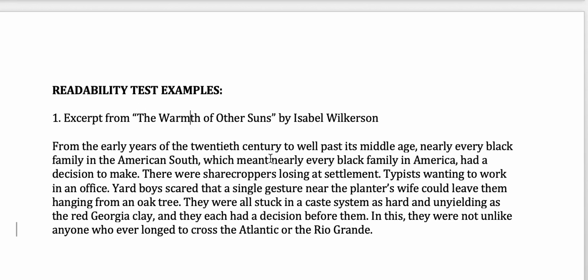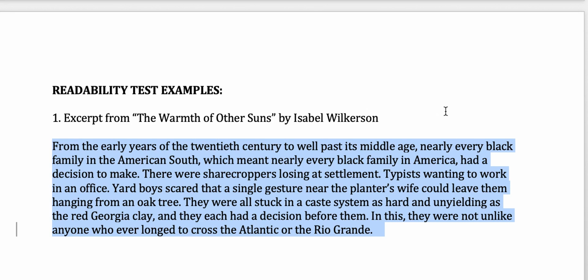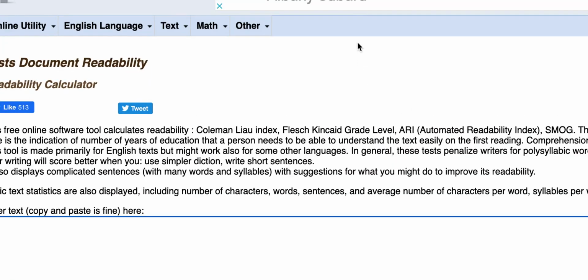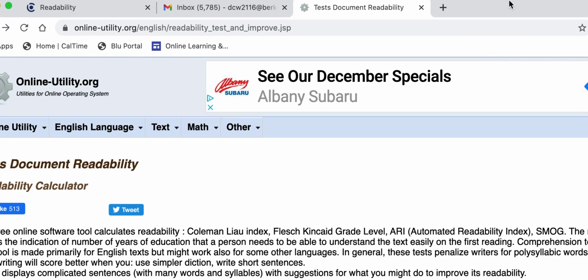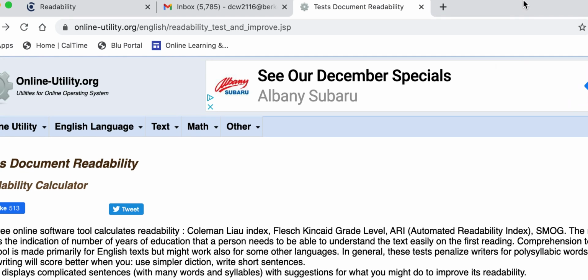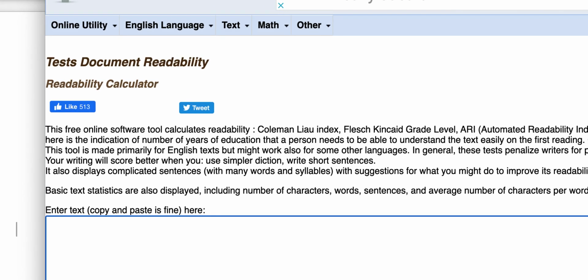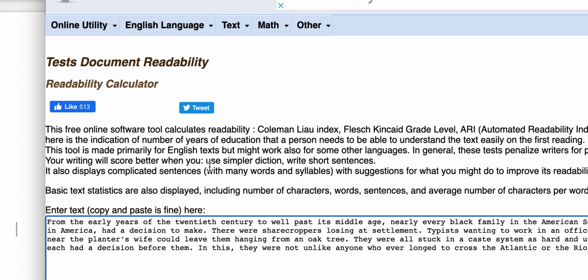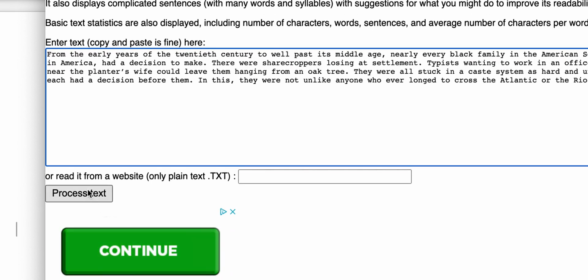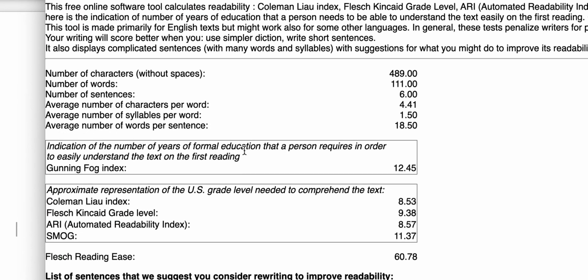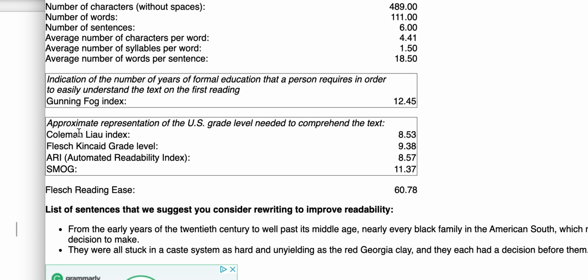Here's a passage we saw in the Good Writing module. It's from The Warmth of Other Suns by Isabel Wilkerson. Here's how this can work. You take your passage, you copy it, and you go to a site, onlineutility.org. You paste the text into a window, you hit process text, and it basically runs the test for these popular readability formulas.